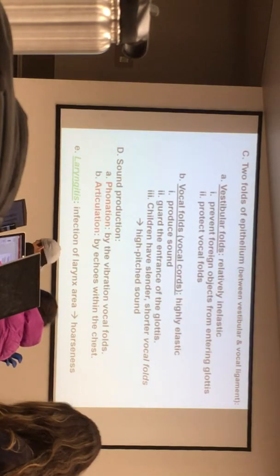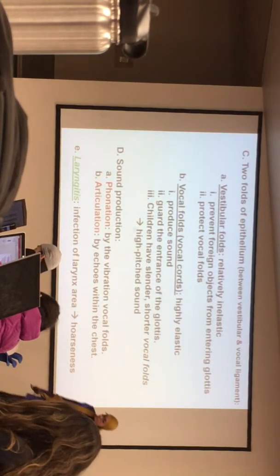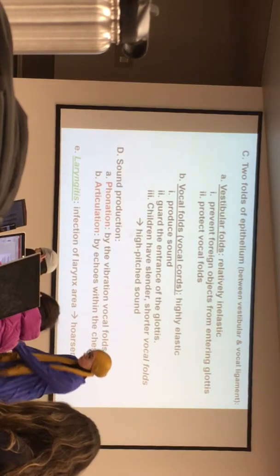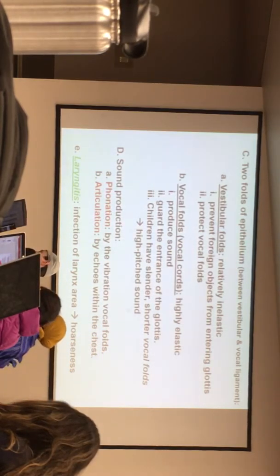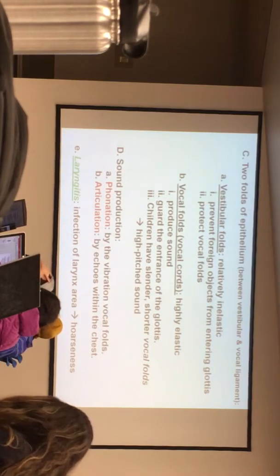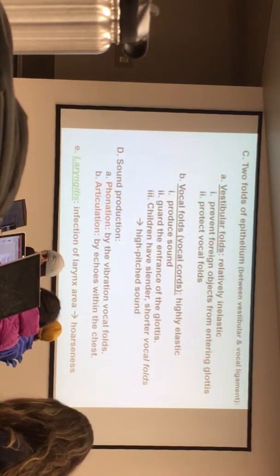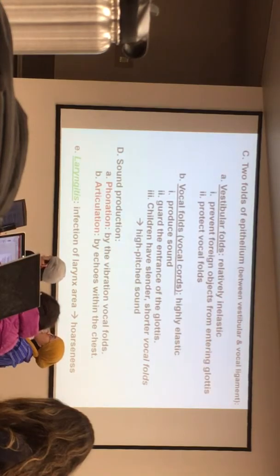When the child is young, their vocal cord is slender, a little bit short, and so when they vibrate they create high-pitched sound. So the boy choir, the boys under 10 years old, they can sing high-pitched sound, right?